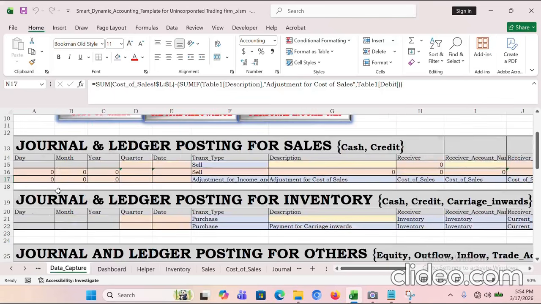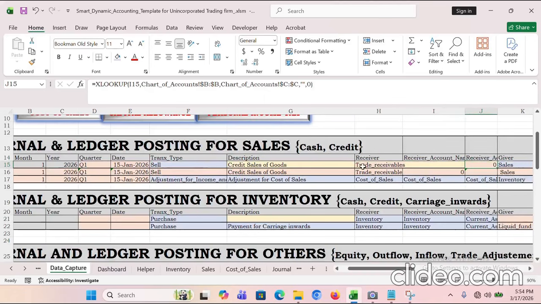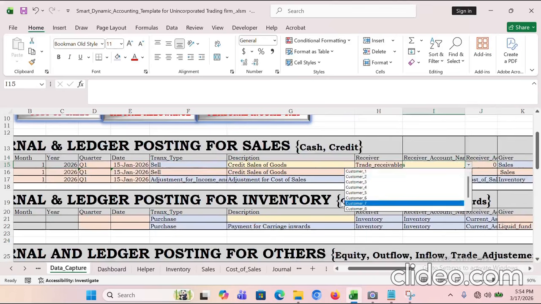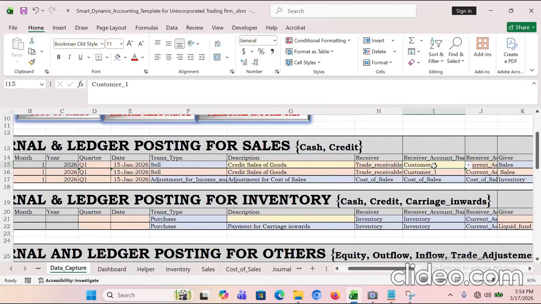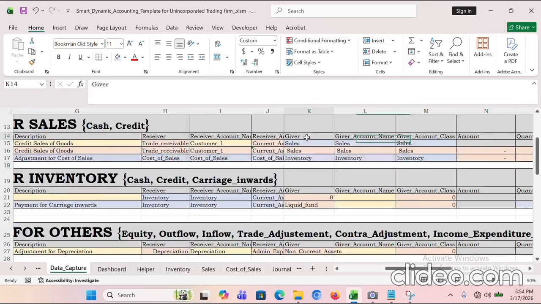So now let's make another sales. Let's assume on the 15th of January 2026. So this time, let's assume instead of cash, we made credit sales. So the receiver here will change to trade receivable. So which of the customers did we sell to? Let's assume we sold to customer 1. Normally we credit sales, which is the giver.